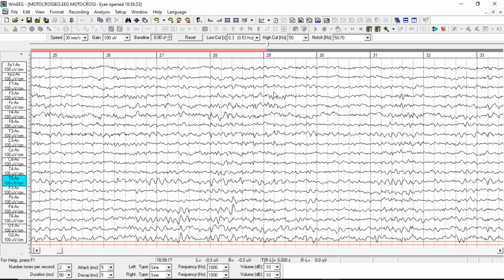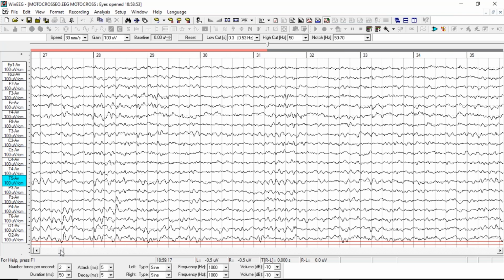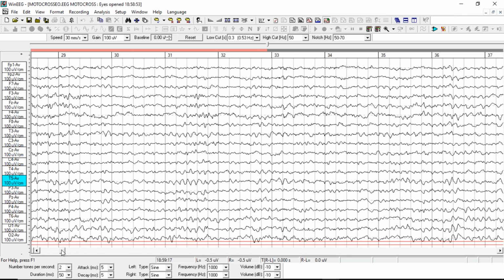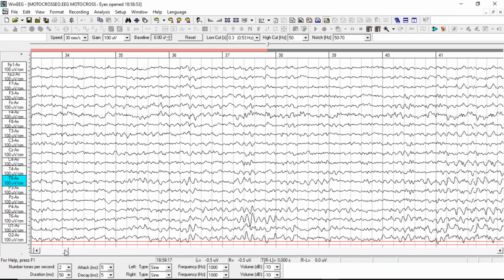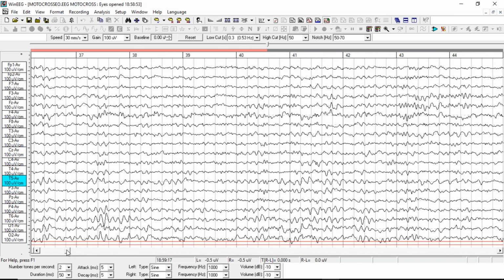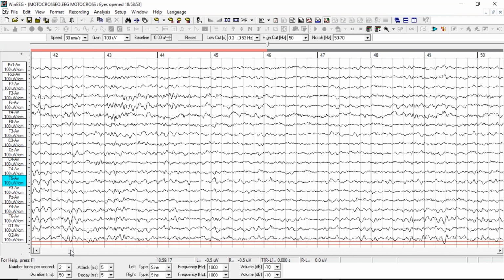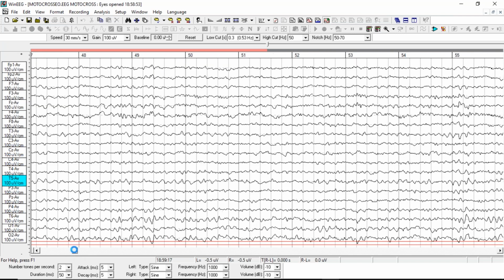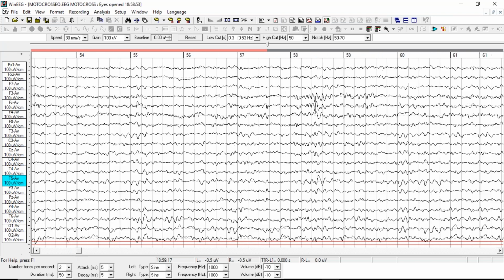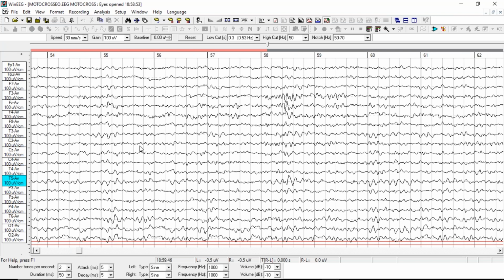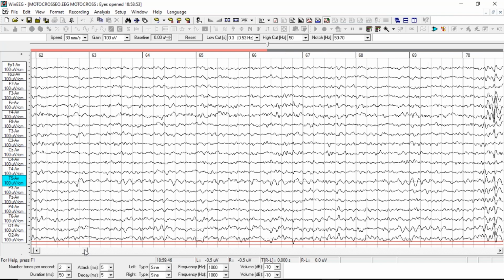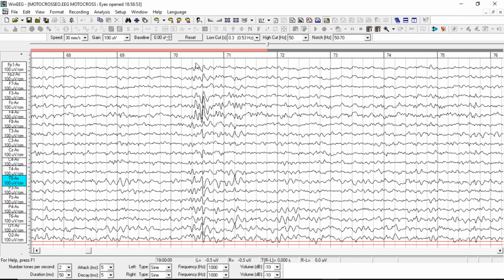So by looking at this, I'm already thinking about some ideas about what this athlete can be presenting with. Now, we have a combination of slow brain waves and some fast brain waves, but for the most part, the dominant activity is that of slow brain waves with high amplitudes.